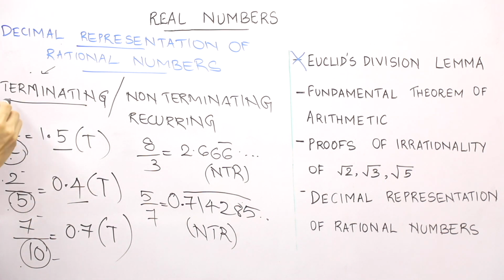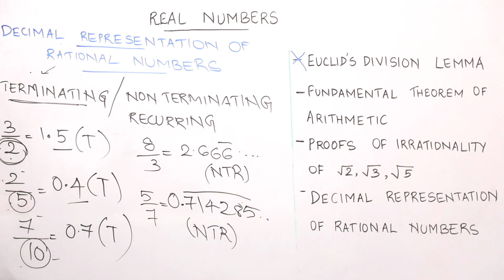Otherwise, if it contains any number other than 2 and 5 in its prime factorization, such as 3 or 7, then it will have a non-terminating recurring decimal.